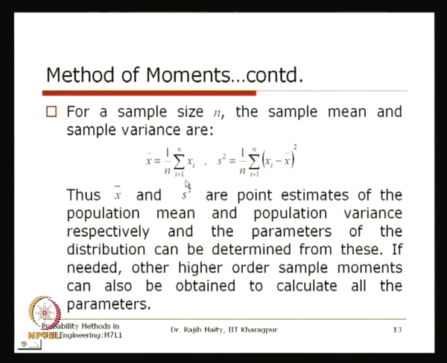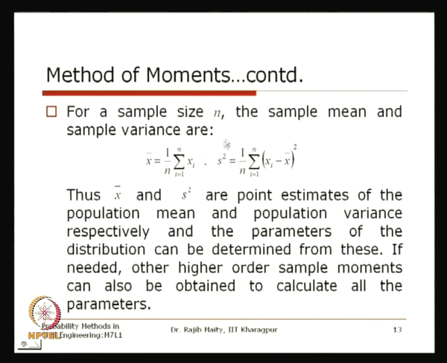We can show that this is the estimator for the mean which satisfies all the properties we have discussed, that is, the 4 requirements for an estimator. Now this s square is the sample variance, which is 1 by n summation of xi minus x bar, where x bar is the mean estimated through this equation, squared, summing from i equals 1 to n.